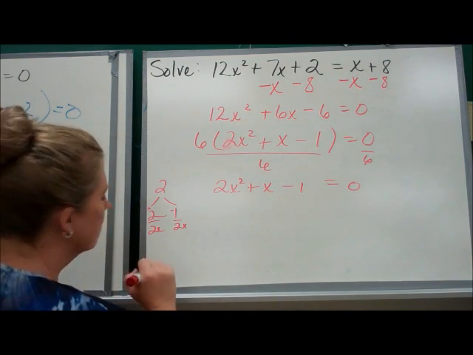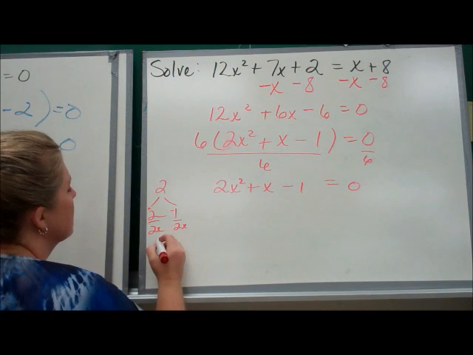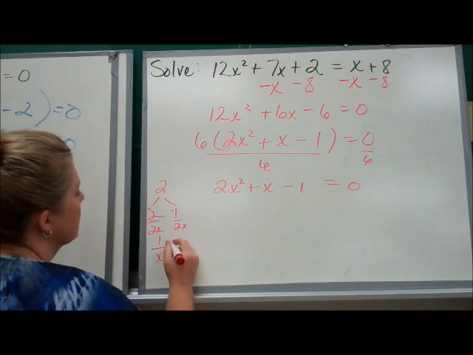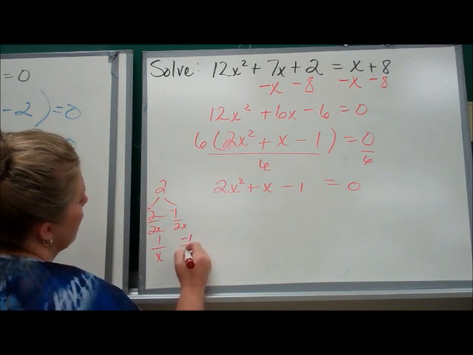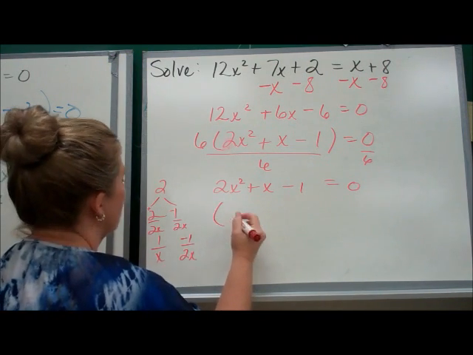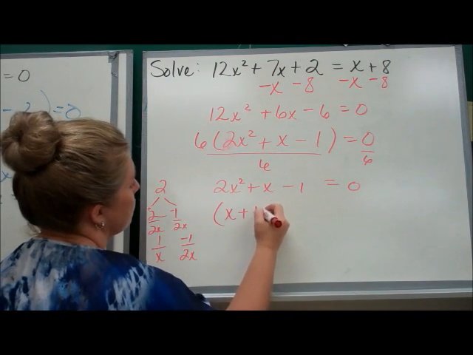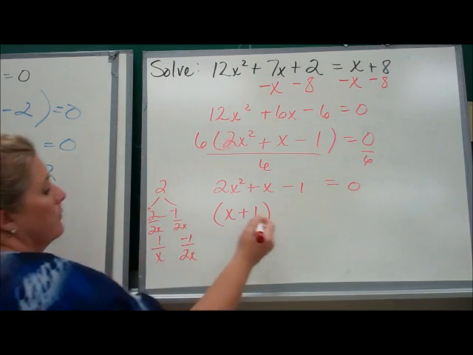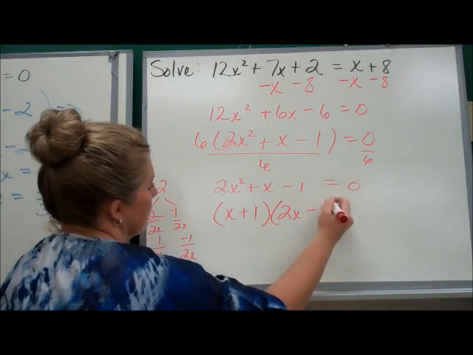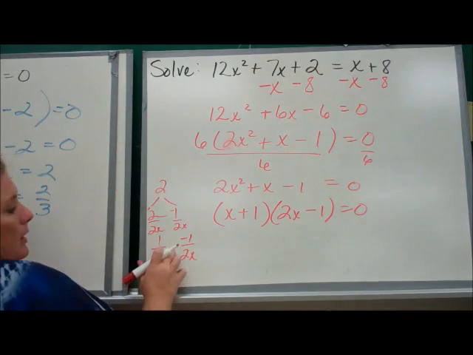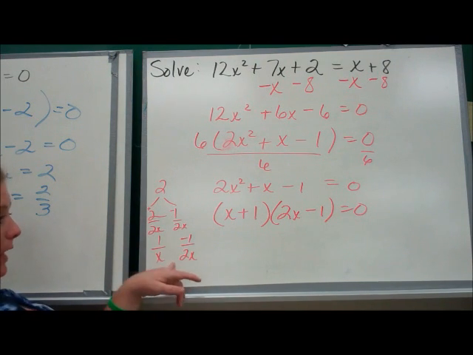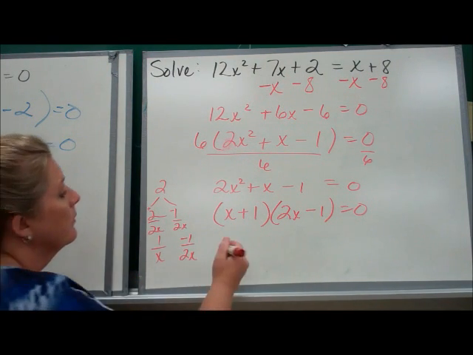Should be a squared there. And this is going to simplify to 1 over x, and this will be negative 1 over 2x. So there's our factors. x plus 1 and 2x minus 1 equals 0. That's where we get our binomials.